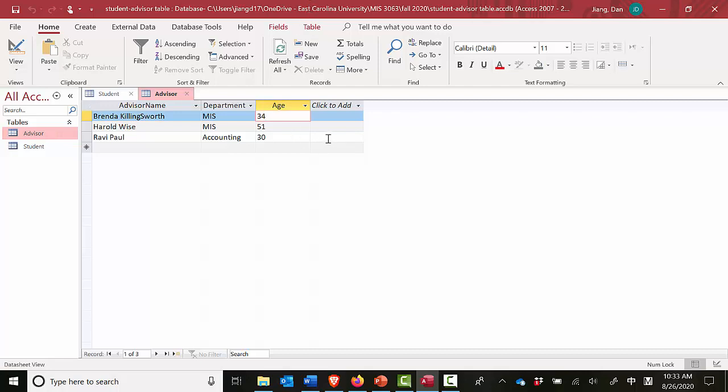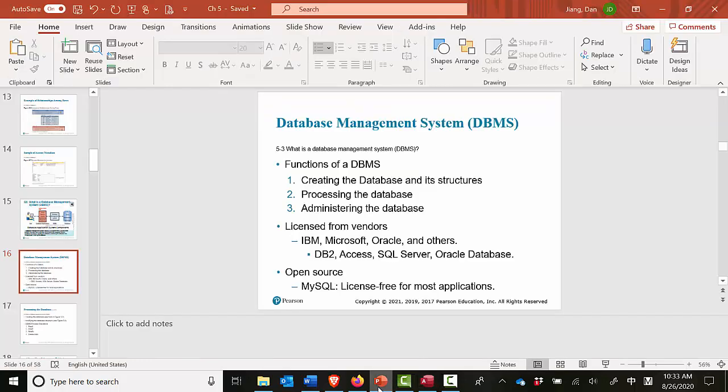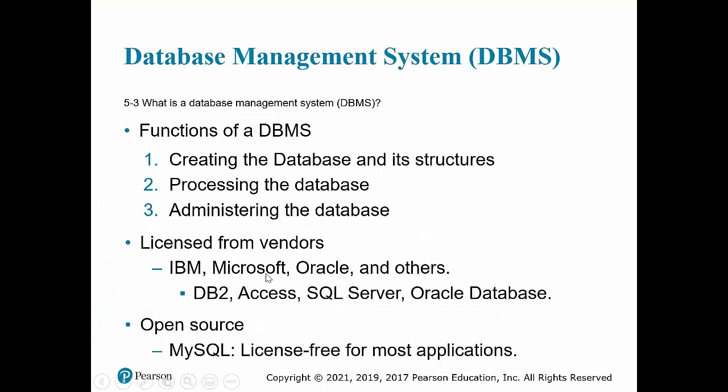Microsoft Access is a type of DBMS. Okay. And of course, there are some other vendors that provide DBMS as well. And the functions of DBMS. DBMS can create database and its structures. It can process database. It can search the information we need, and it can be used to manage a database.